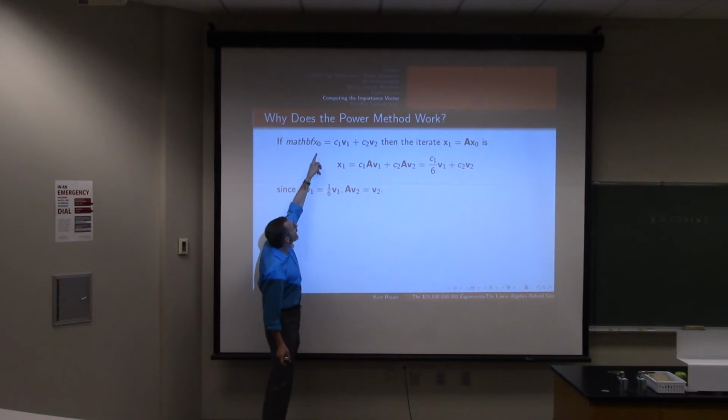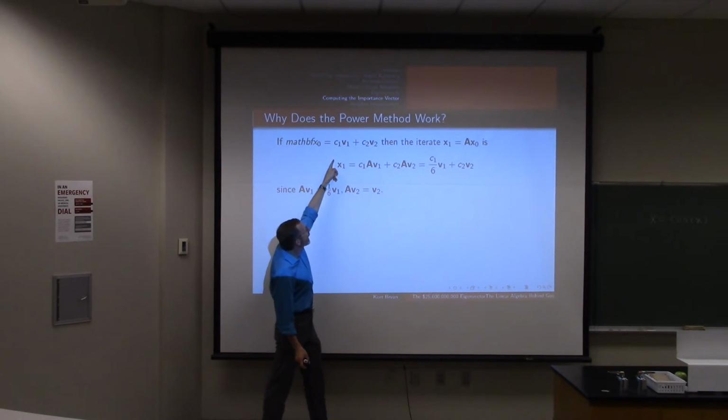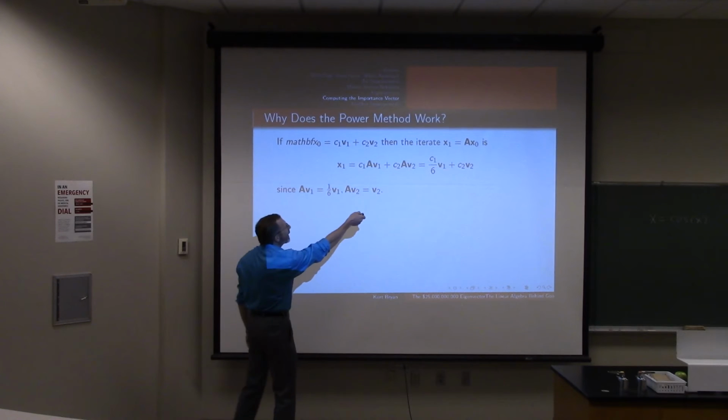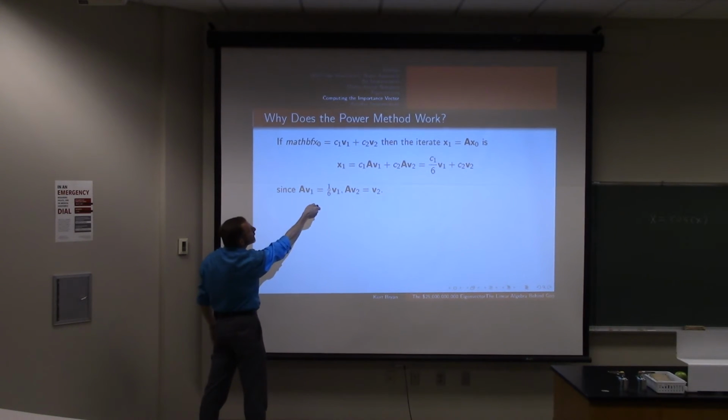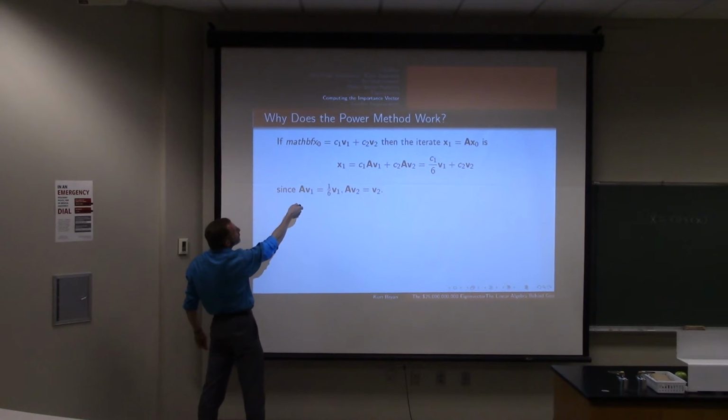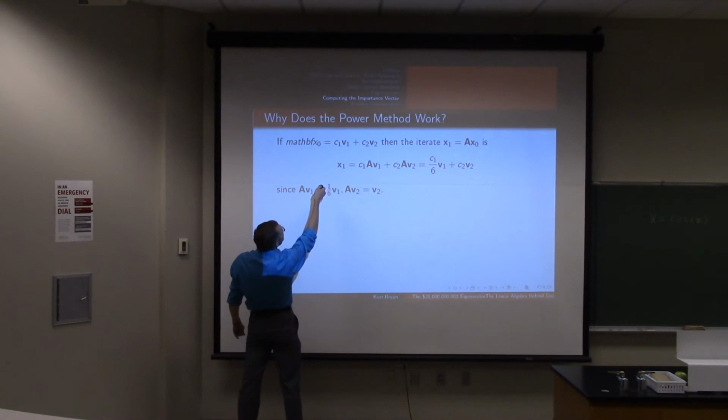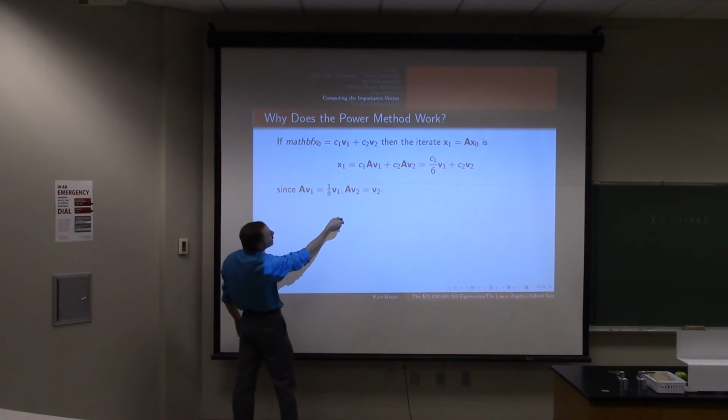If my initial guess can be written as a linear combination of 2 eigenvectors, well what happens when I multiply x naught by the matrix A? I produce my next updated iterate, x1. You take this stuff times A, you're going to get exactly this. The constants can filter in and out of matrix multiplication. I'm going to get c1 times Av1 plus c2 times Av2.